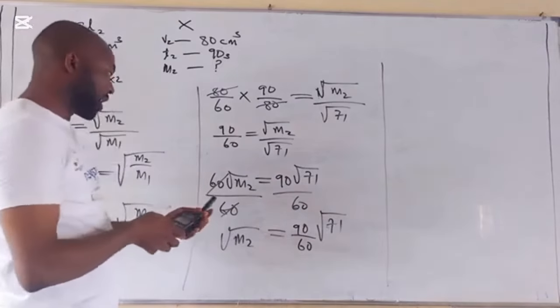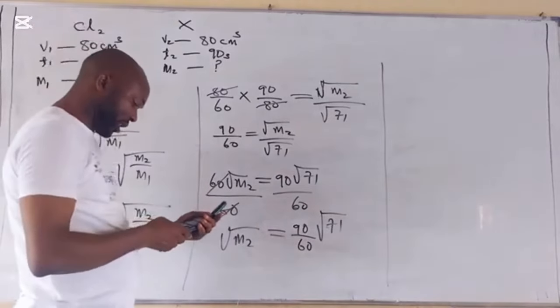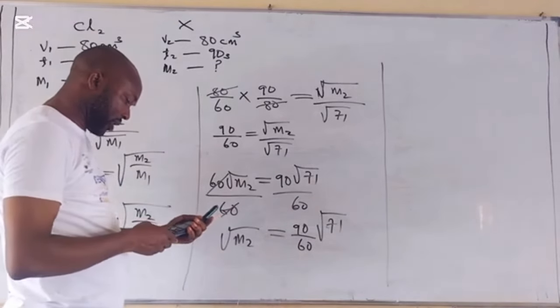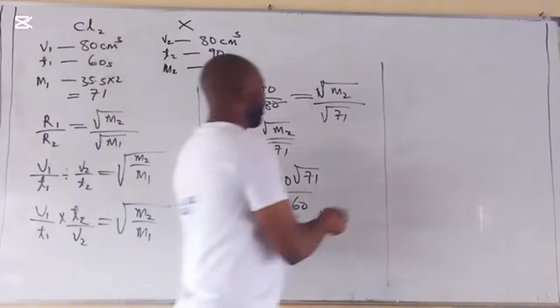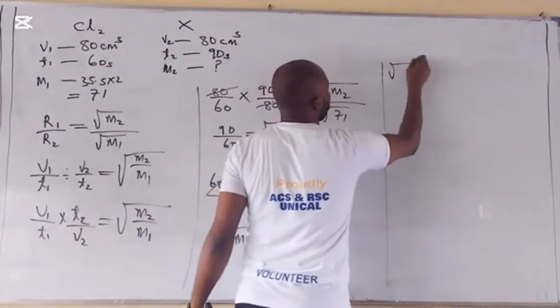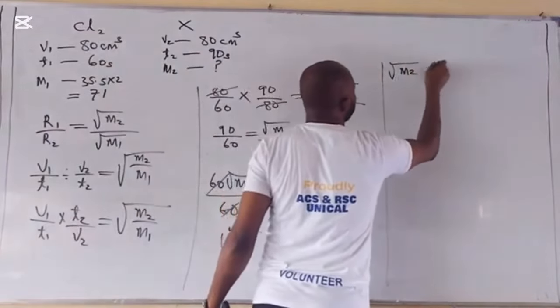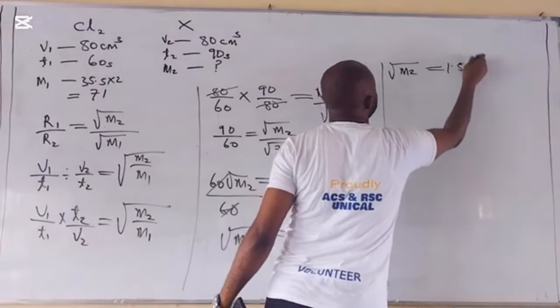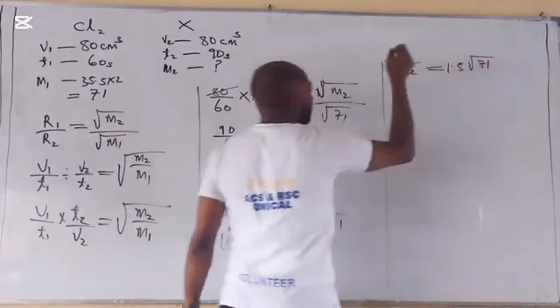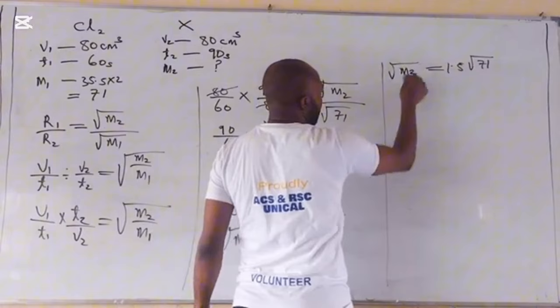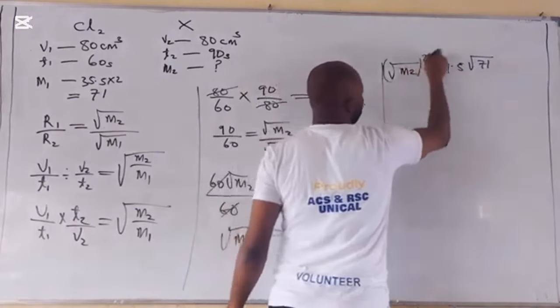Now, 90 over 60 is 1.5. So root M2 is equal to 1.5 root 71. I take out these roots, so I square both sides.